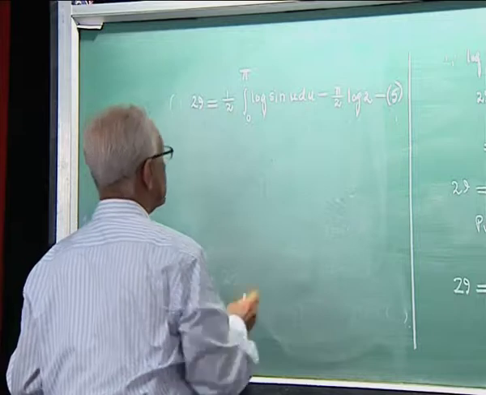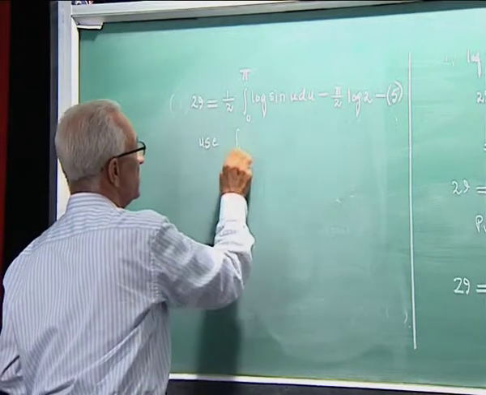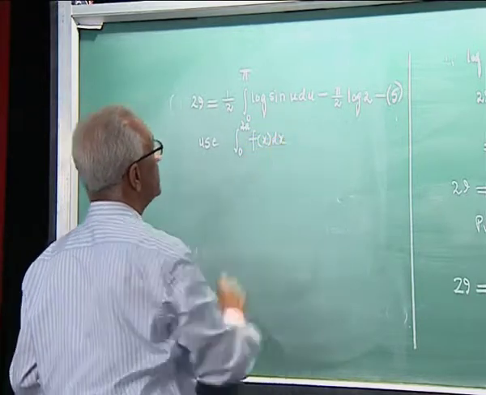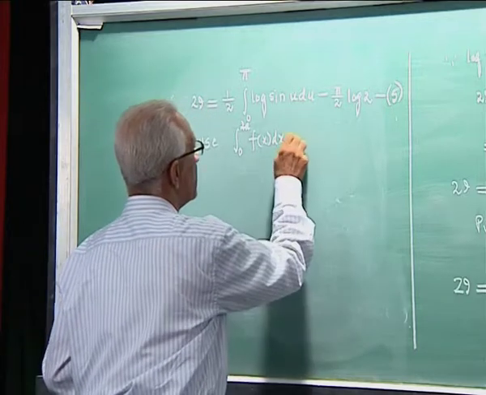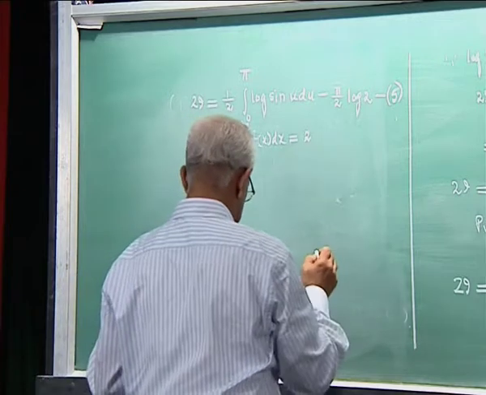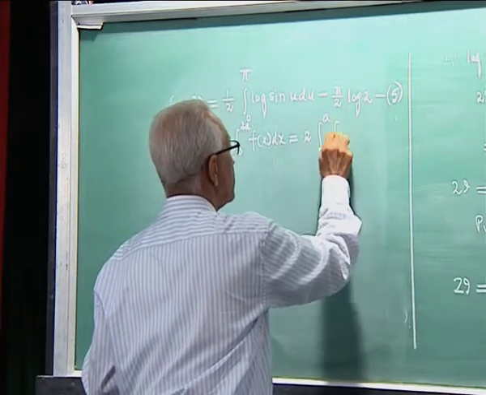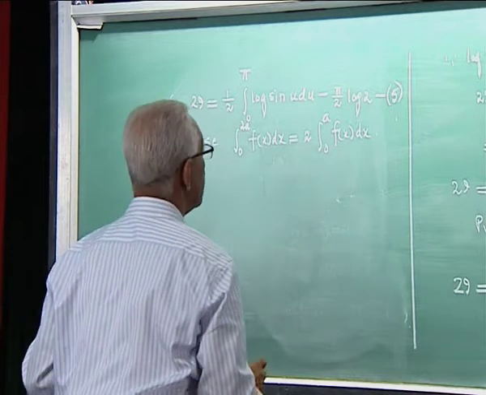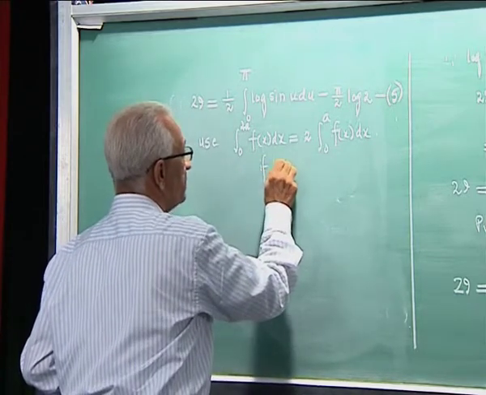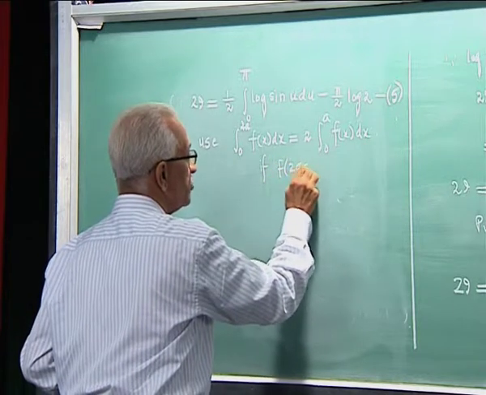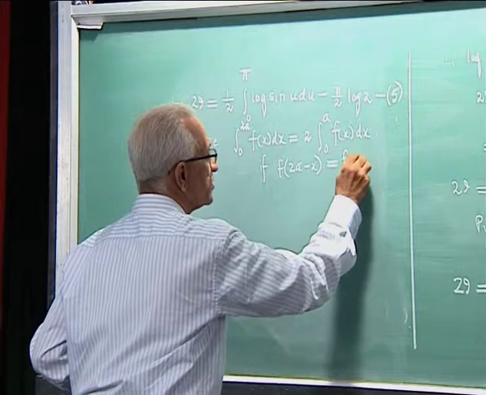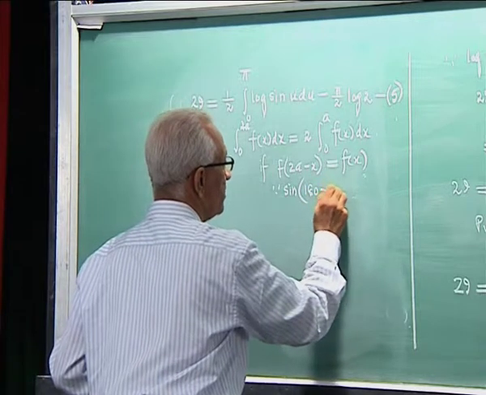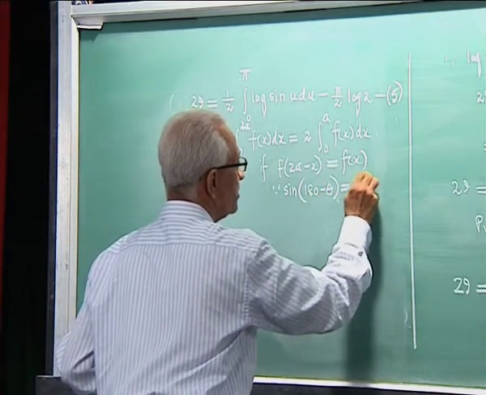What I now use is a property. I'll be using integral 0 to 2a of f(x) dx is equal to 2 times integral 0 to a of f(x) dx, because sine of 180 degree minus theta, the function of 2a minus x remains f(x), and the reason is sine of 180 minus theta is always equal to sine theta.